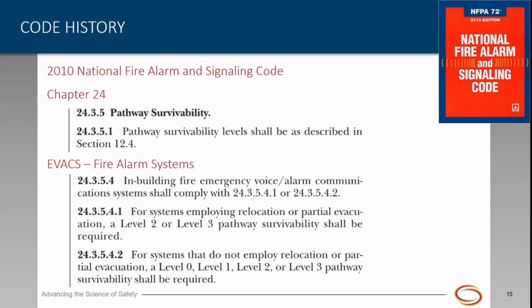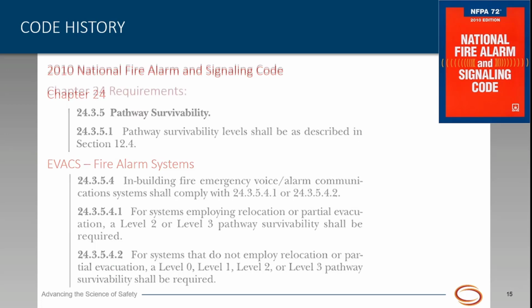Just providing sprinklers and raceway is no longer a compliant method of survivability in and of itself. And it also makes it clear that if you're not employing relocation or partial evacuation, for instance, what we'd call a general alarm building, you do not have to require any survivability level.